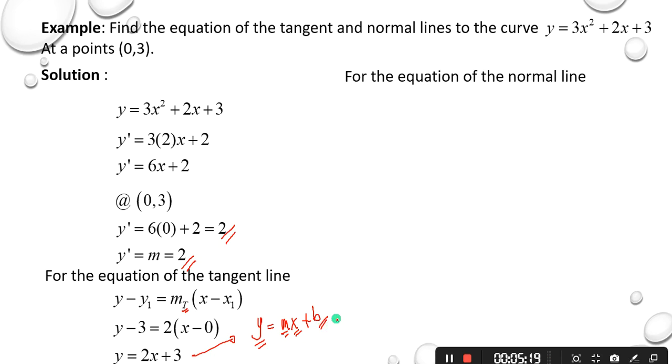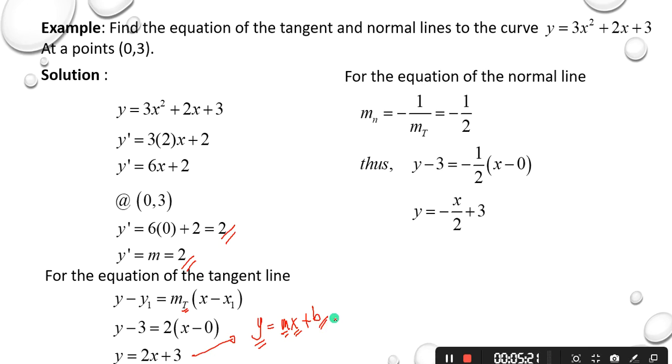For the equation of the normal line, we first get the slope of the normal, which is the negative reciprocal of the slope of the tangent, the first derivative, equals negative 1 half. So thus we have y minus 3 equals negative 1 half times x minus 0, which gives us y equals negative x over 2 plus 3.